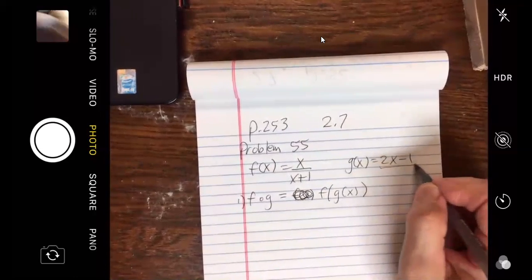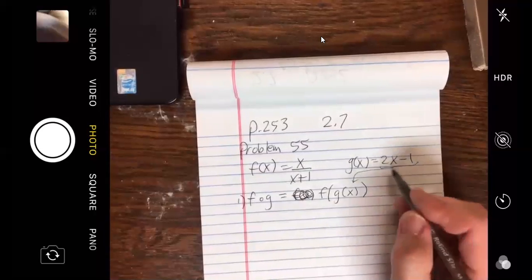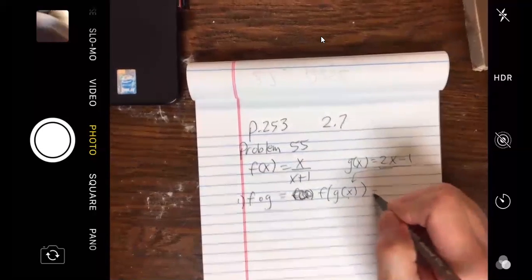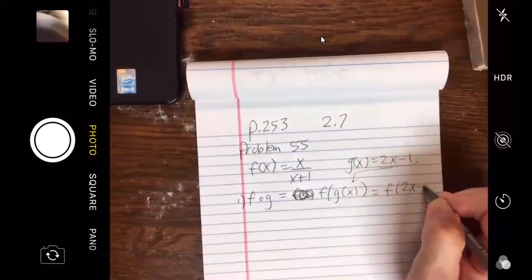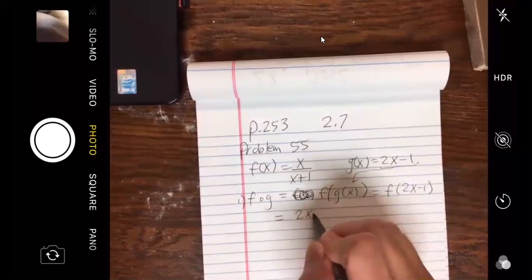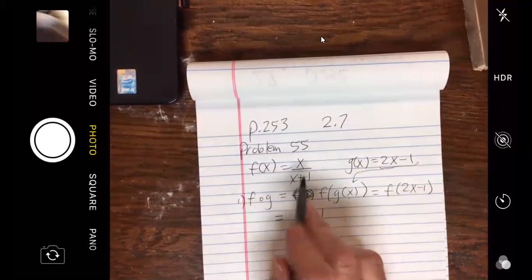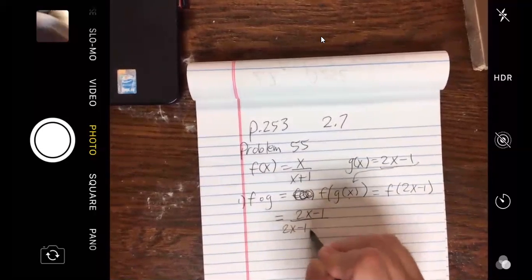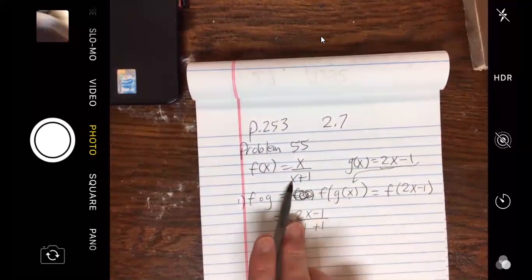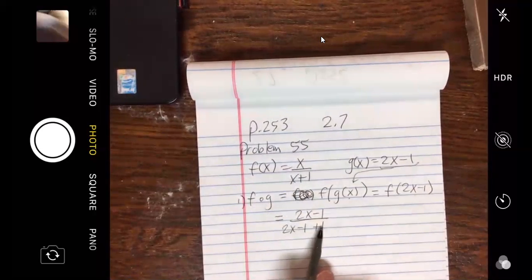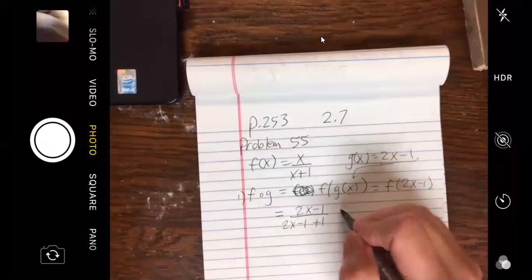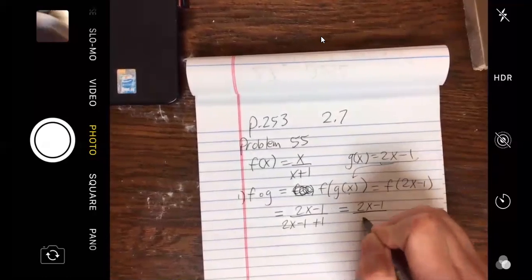So you're going to put g in there, and in effect, you're going to plug the formula for g into f. f of 2x minus 1. That's going to give you 2x minus 1 for this x, and 2x minus 1 plus 1. Putting 2x minus 1 for that x, and plus 1, and then 2x minus 1 on top, which gives 2x minus 1, all divided by 2x.